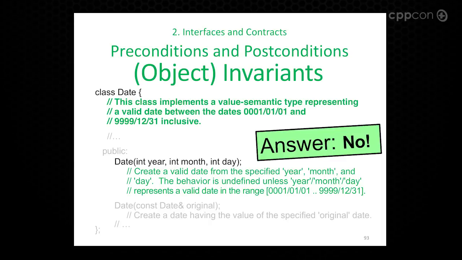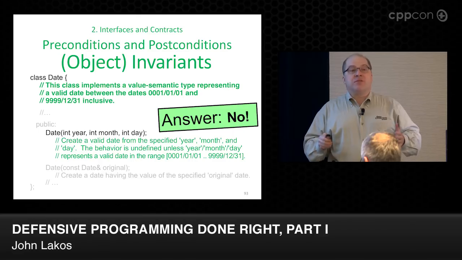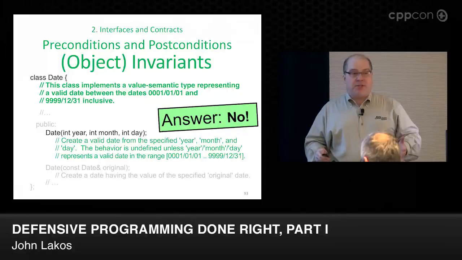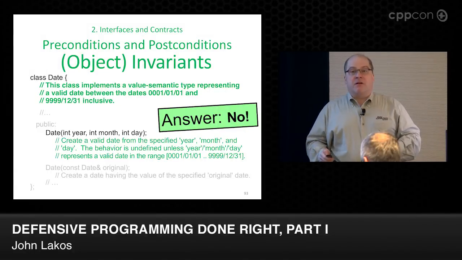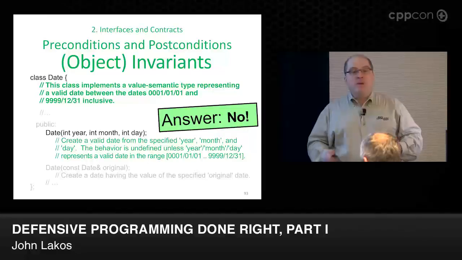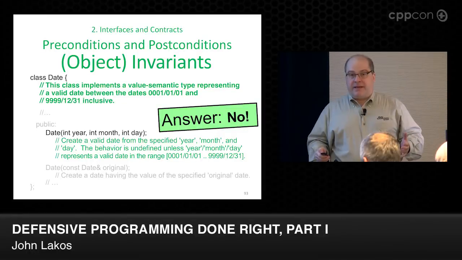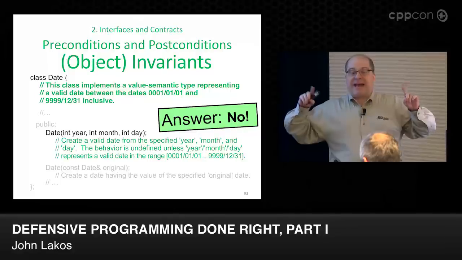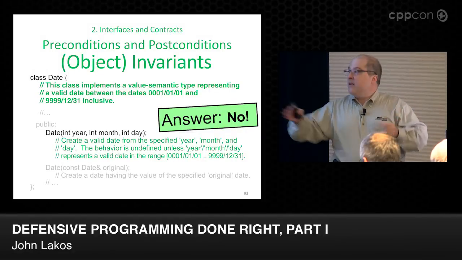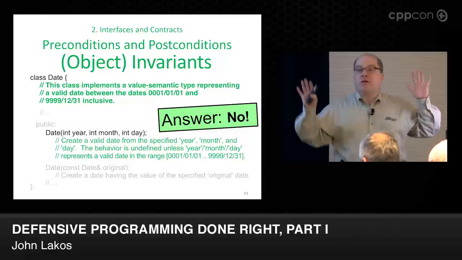Because it doesn't have to be true all the time, and it can't be true in some cases. It simply cannot. Because the range of checking goes from very cheap to impossible, with lots of things that are really hard and would never make sense. Like I just cast some garbage address to a date and pass it in. We don't even talk about such things.